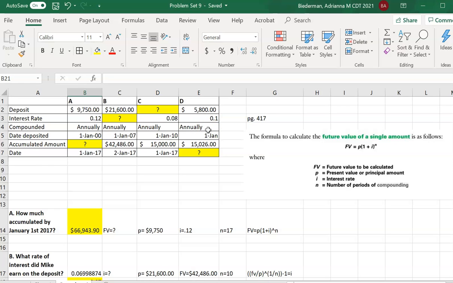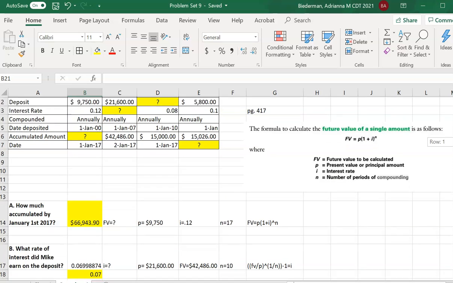You're trying to solve for the amount of years, so the actual year you put the money in doesn't matter as much. So they just give you a random January, they say that it was deposited. And then your accumulated amount is going to be $15,026.